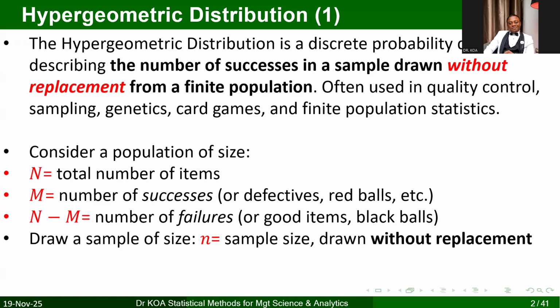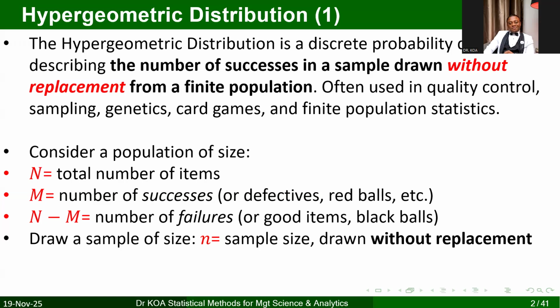Hypergeometric concerns itself with. You said that this one has without replacement, and I thought they were going to say that the binomial is with replacement, isn't it? But you said the binomial is also without and with. Yes, that's what I said.